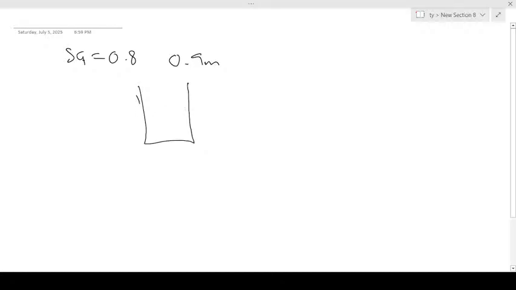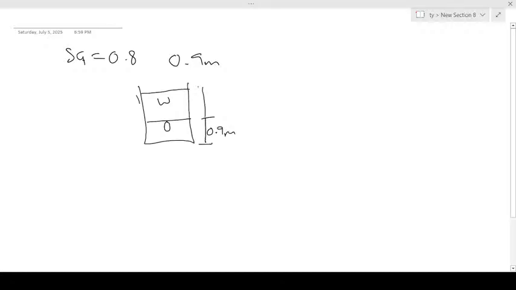So for a question like this, first of all, one way to help you is to visualize this. So we can say that this is our water, this is our oil. And it says that the oil forms a layer 0.9 meters deep. So this height here is 0.9 meters.